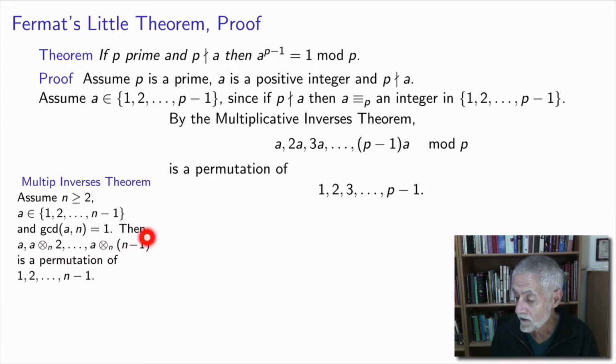And then we have that these numbers here are a permutation of 1 up to n minus 1.